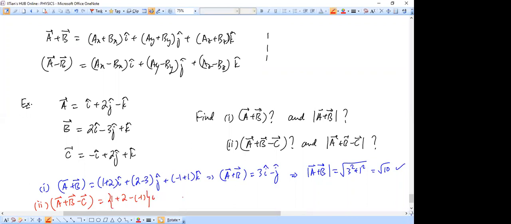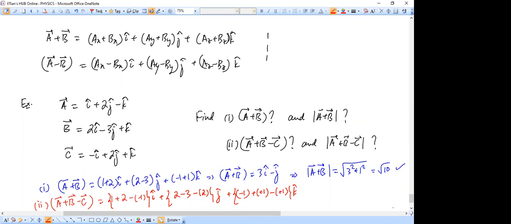Then similarly, AY, that is 2, plus BY, which is minus 3, minus CY, which is 2, j cap. Okay, and then AZ, which is minus 1, plus BZ, which is plus 1, minus CZ, which is again plus 1, k cap.